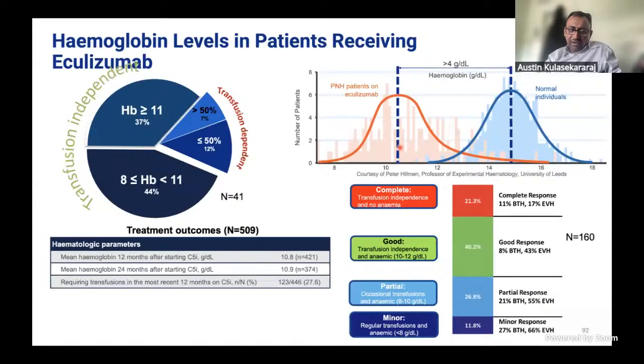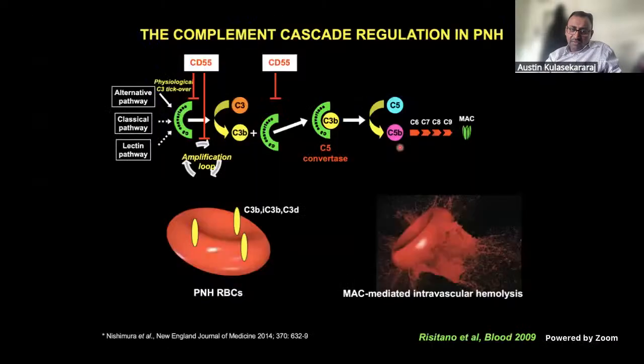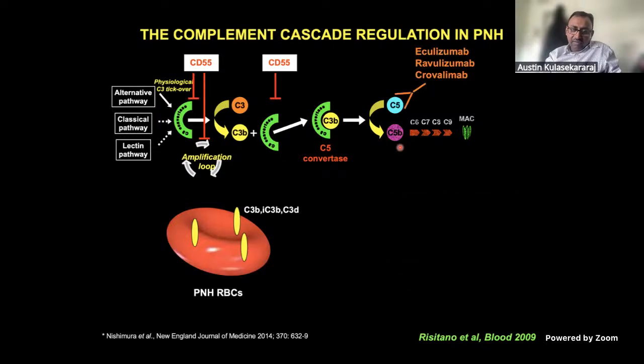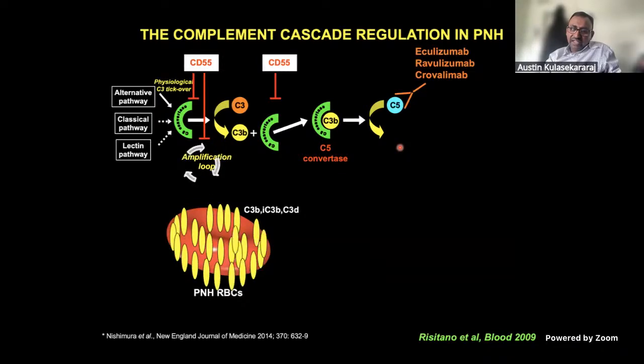But if you look at it, patients sometimes do remain anemic on eculizumab or ravulizumab or C5 inhibitors, or the ones which Arihan showed with tocilizumab and cemdisiran as well. And this is because of this phenomenon we now start recognizing. So you've got a patient with PNH, we know it's intravascular hemolysis, that is negative. But once you start these patients with eculizumab or ravulizumab or the recently approved crovalimab in Europe, these patients do get proximal activation, and they get C3d deposition on the surface of the red cells.